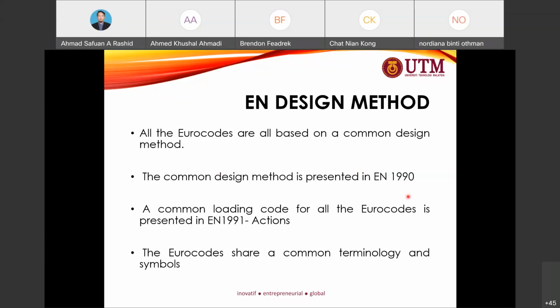So if you are interested to look at the common design method, you can refer to EN 1990. And if you want to have more understanding of the loading, you can get EN 1991.